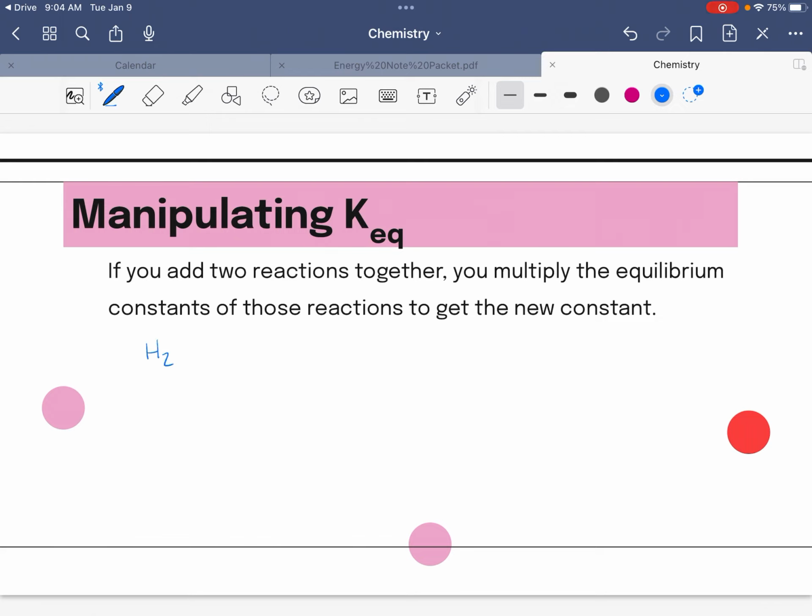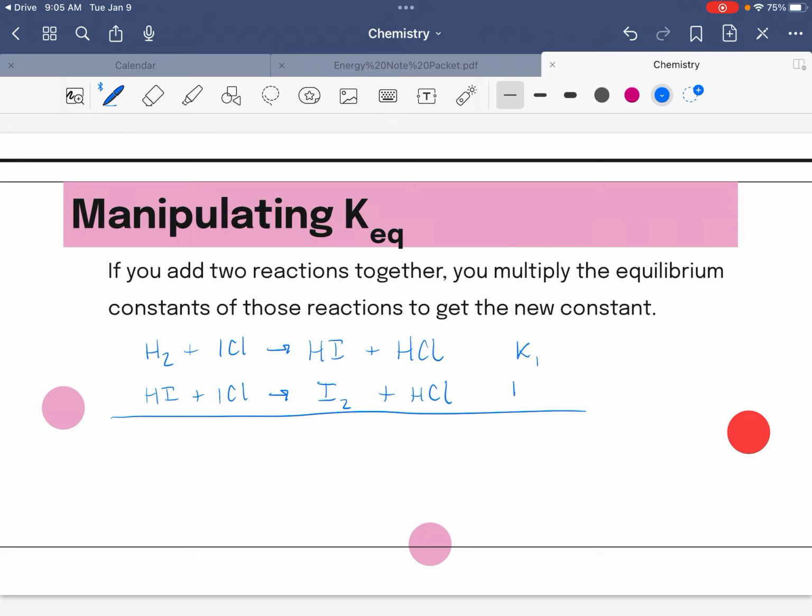So if I have, for example, H2 plus ICl yields HI plus HCl, and then we have a K value of K1. They don't actually give us a real number there. And then we have HI plus ICl yields I2 plus HCl.